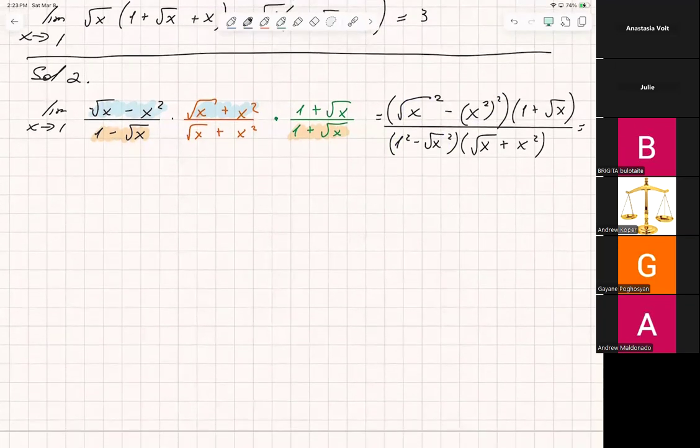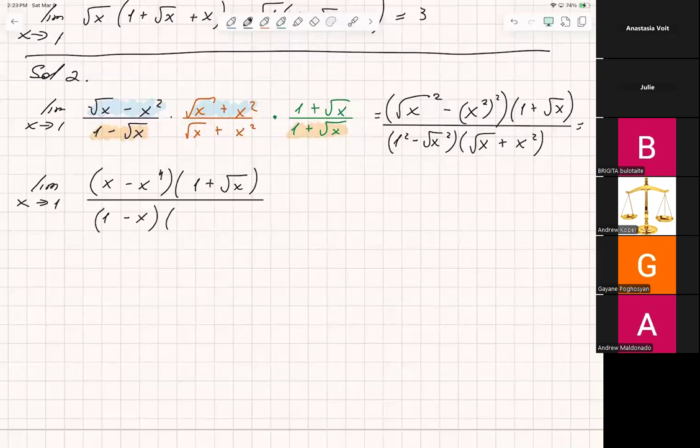But okay, so let me simplify it. So we will have limit as x approaches 1 of square root of x squared, that's just x, right? And then this x squared squared, that's going to be x to the 4th power. And we just rewrite the rest. Now in the denominator again, 1 squared, that's just 1, minus square root of x squared, that's just x, so minus x, and we rewrite the rest.